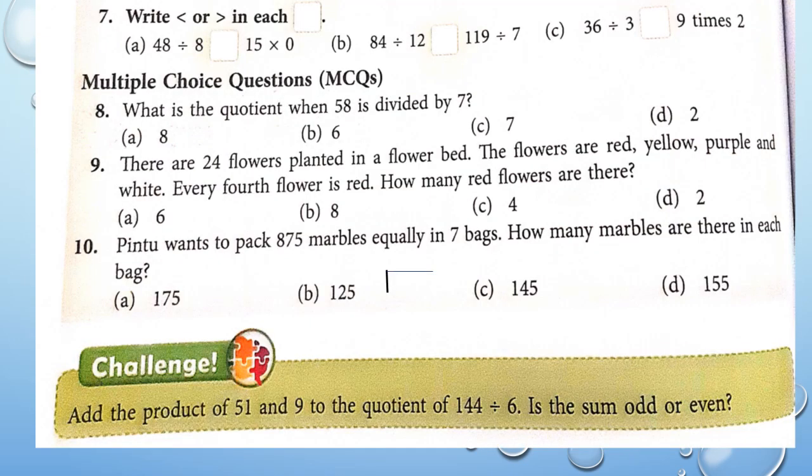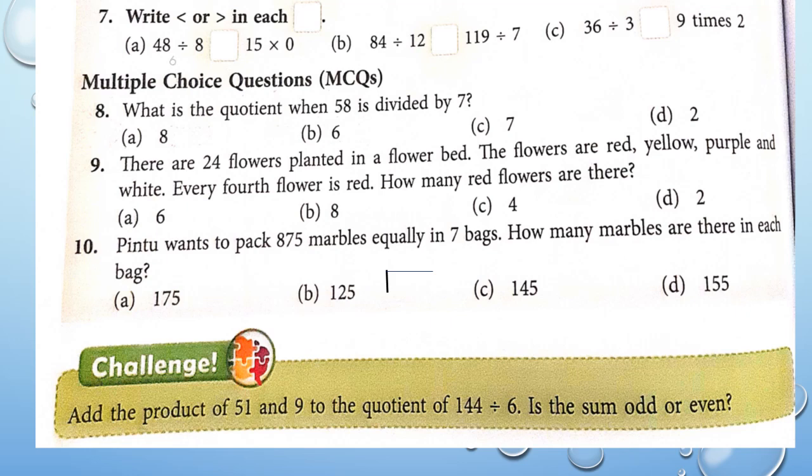Number 7. Write less than or greater than in each. Now 48 divided by 8. In the table of 8 where does 48 come? Let us say the table of 8. 8 ones are 8, 8 twos are 16, 8 threes are 24, 8 fours are 32, 8 fives are 40, 8 sixes are 48.